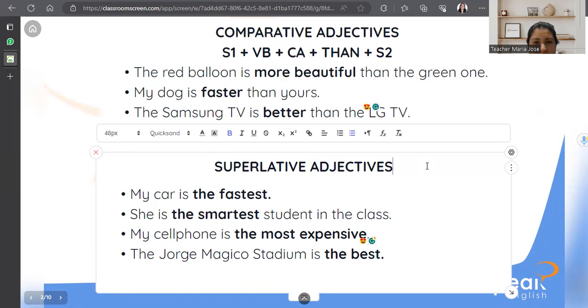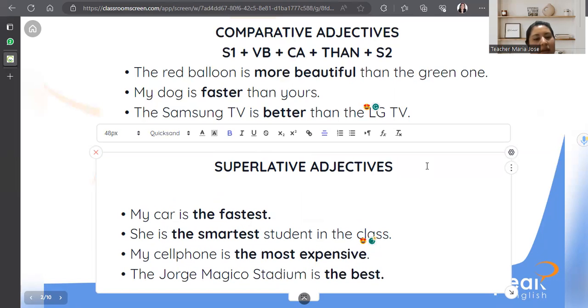Okay, so now that we have the examples, can you tell me what is the structure? Let me see, Julia.